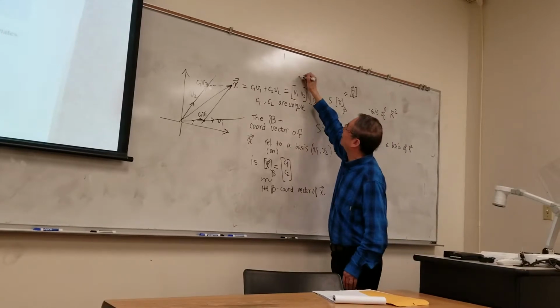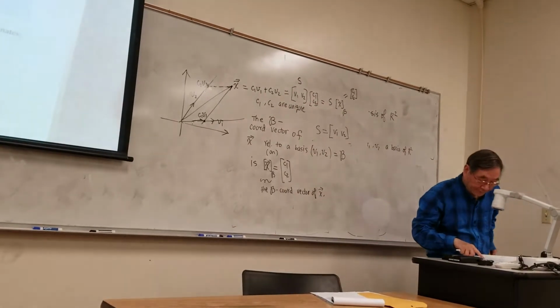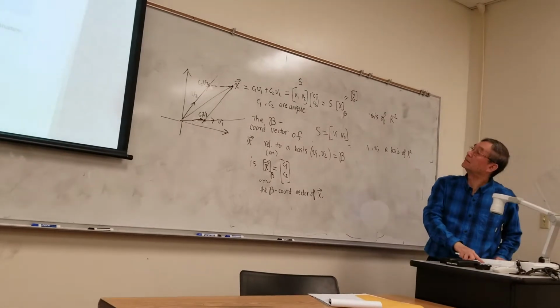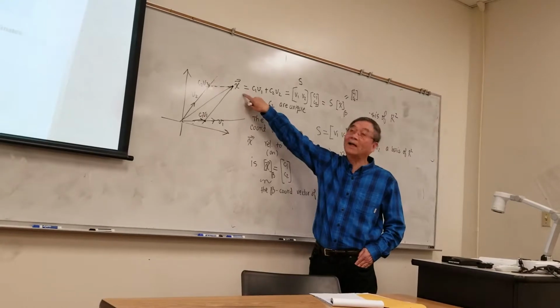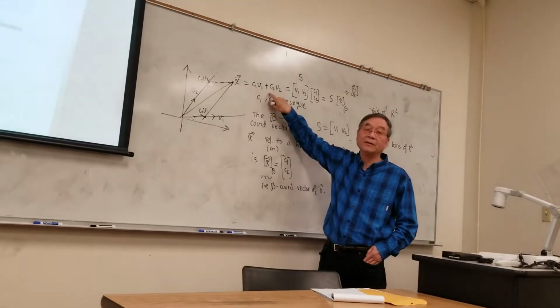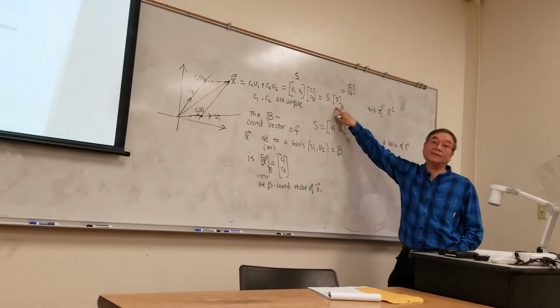This is the matrix S. Remember we start out from x all the way, right? x is this linear combination, which is S times the coordinate vector.